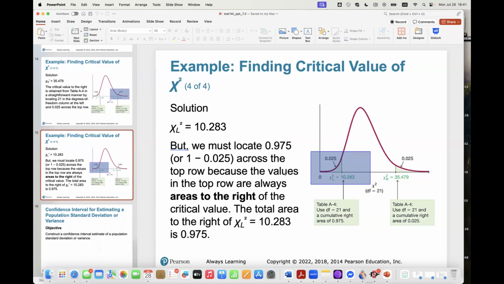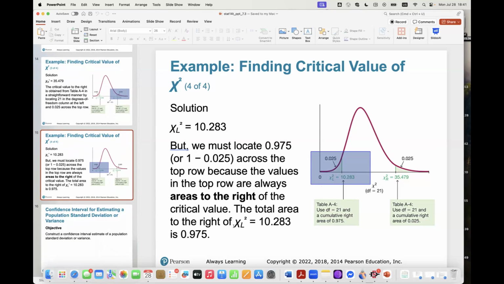For the left one, please remember the area to the right, okay? So we have to take 1 minus 0.025 to get this number, 0.975, the area to the right of that chi-square L. And then we must locate this number across the top row, because the values in the top row are always areas to the right of the critical value.